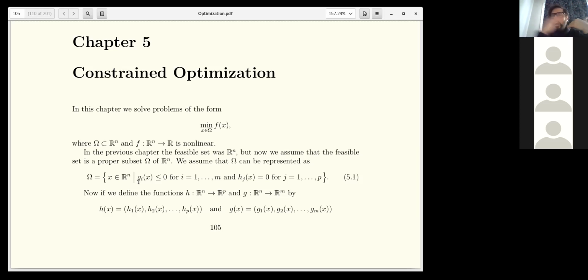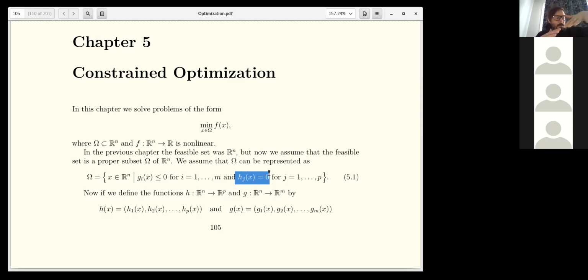And then some kind of a hypersurface satisfies this h of x equals 0. So if you think about dimensionality, each of these inequality constraints doesn't drop the dimensionality of the space, it just carves out the region. But each of these equality constraints drops the dimension of the space by 1, because you have to have the equality constraint satisfied.